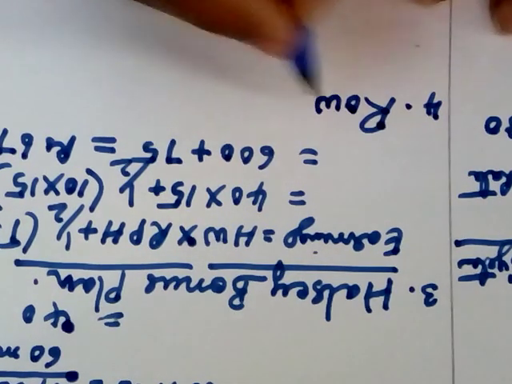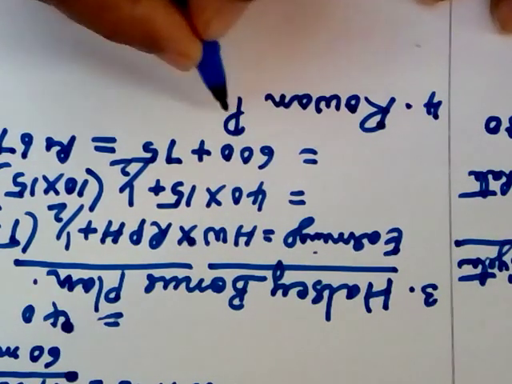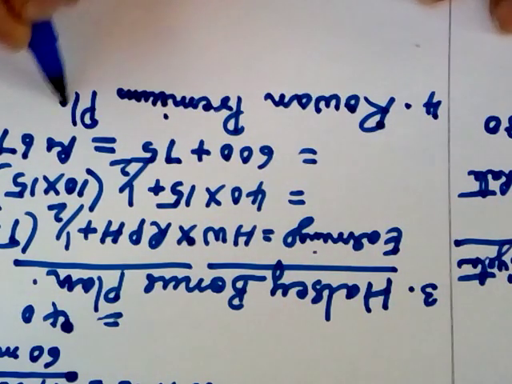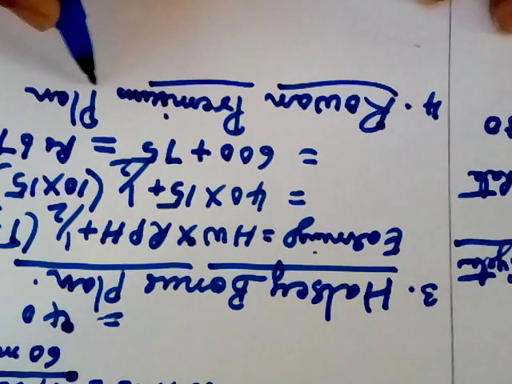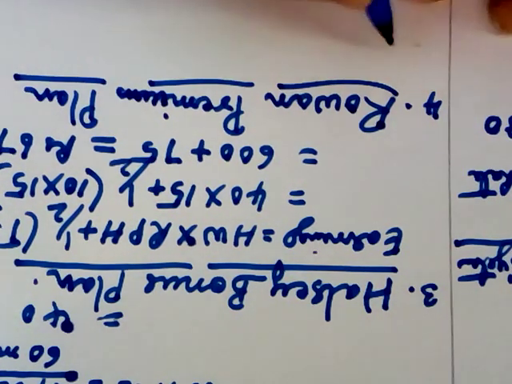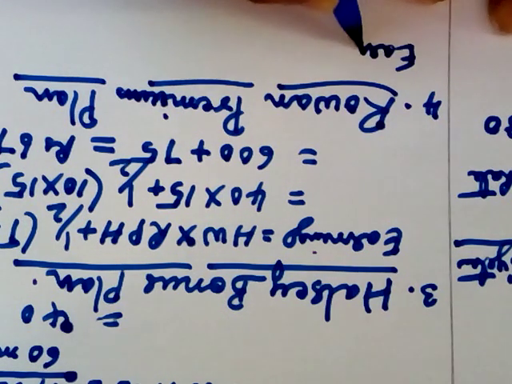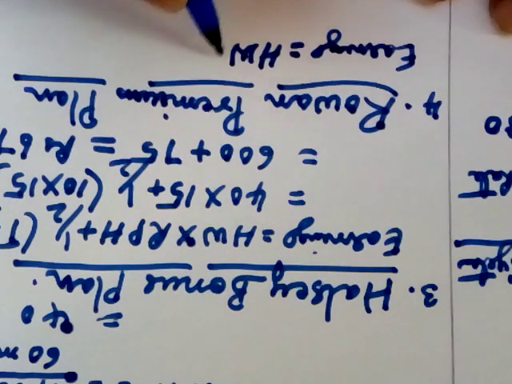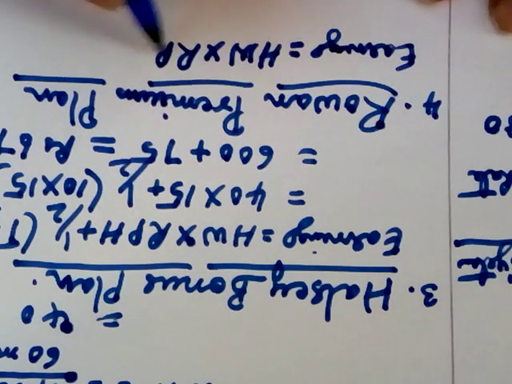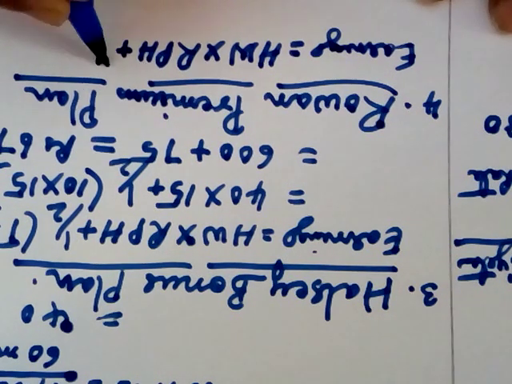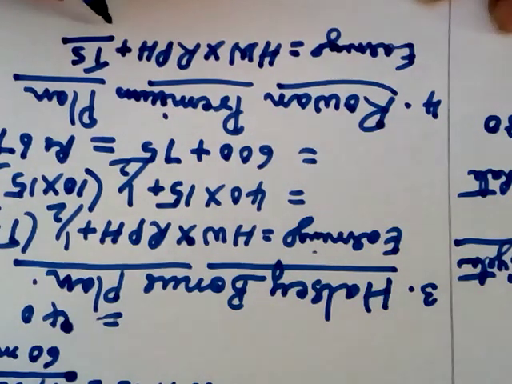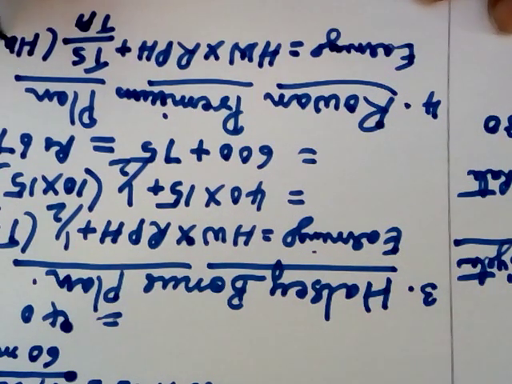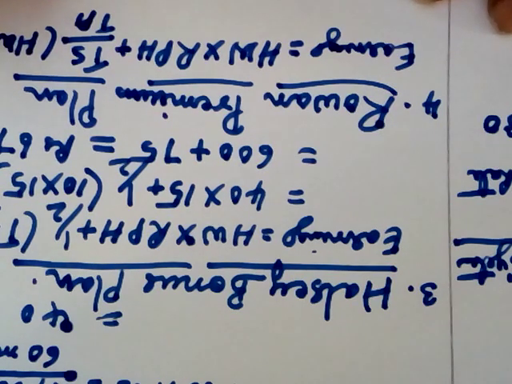Calculation of earnings under Rowan's premium plan. Here the formula for calculating earnings is hours worked into rate per hour plus time saved by time allowed into hours worked into rate per hour.